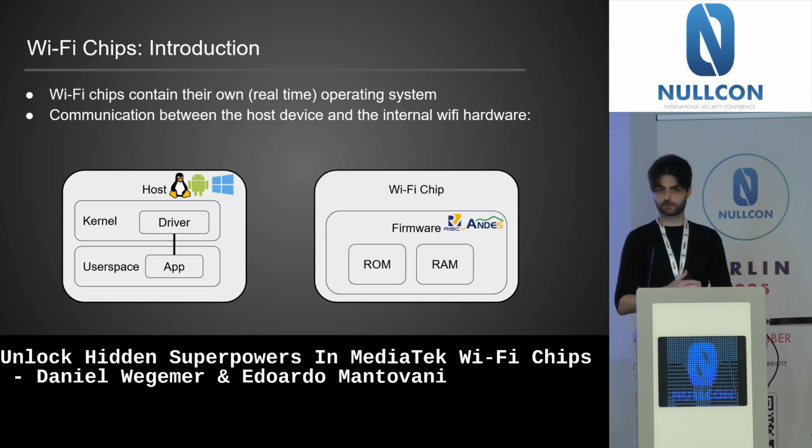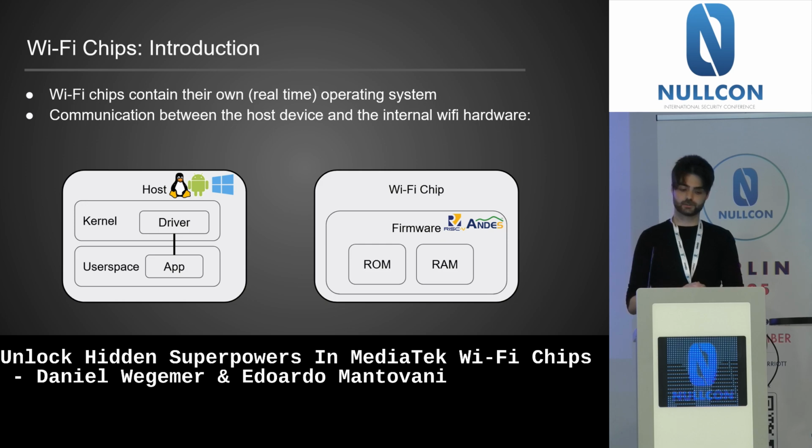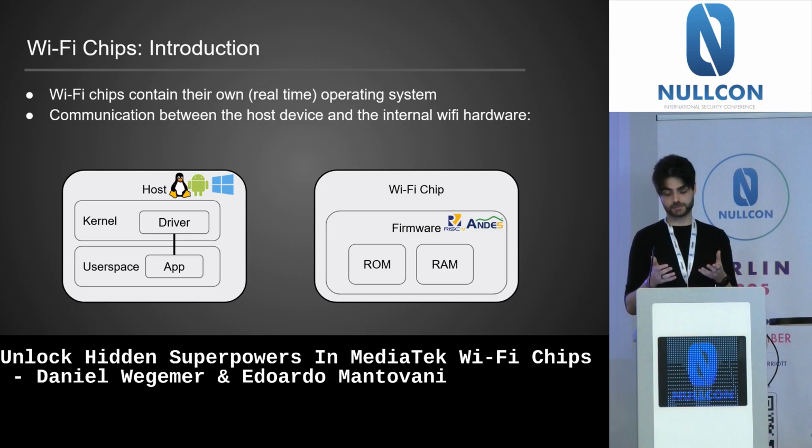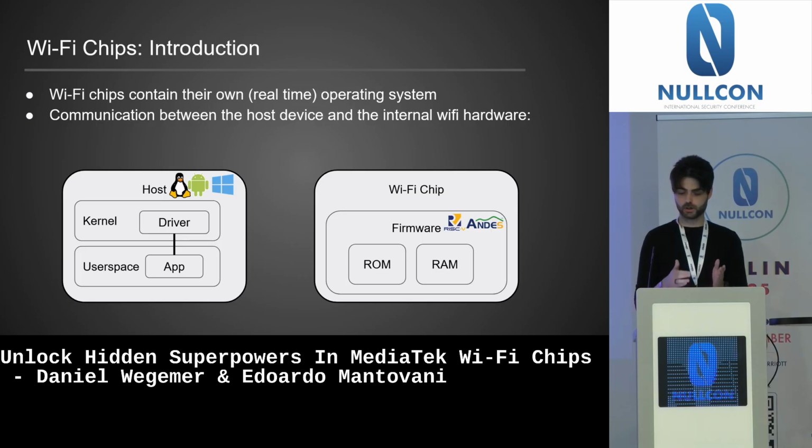This browser requests some data and sends a request to the kernel, which opens a socket and so on. Then the kernel starts to process the request, and the driver, which is a piece of code that knows how to communicate with the hardware, interacts with it and talks to the firmware, which is composed of a ROM and a RAM.